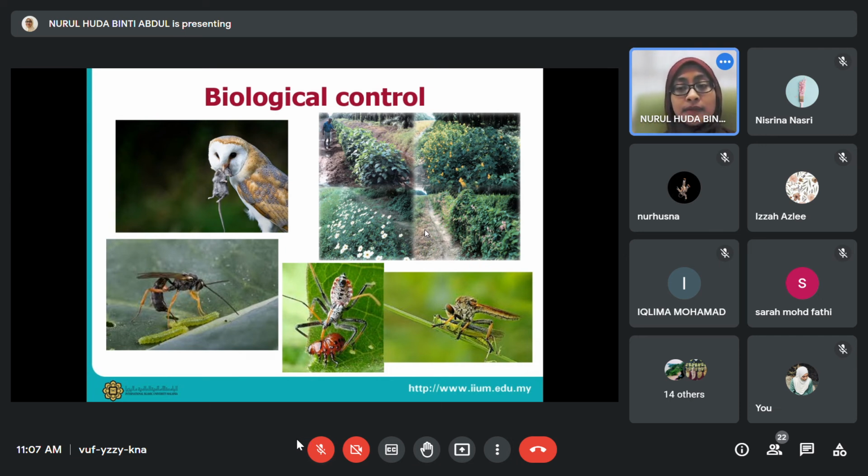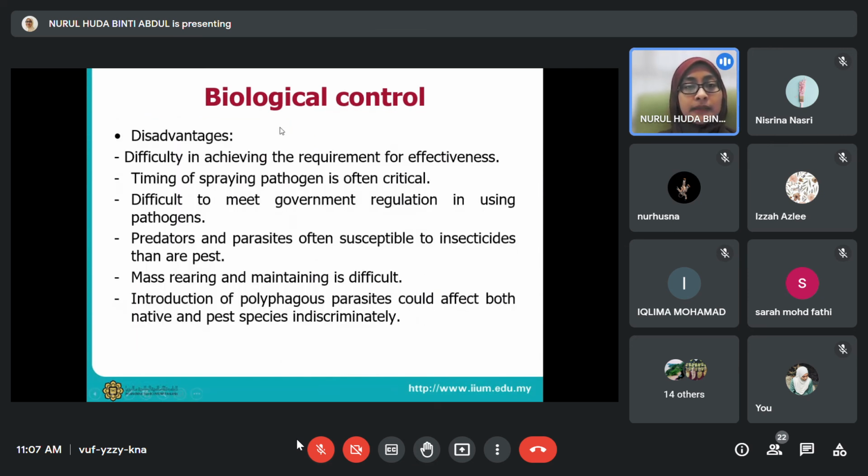Okay, so they attract beneficial insects to come to the area. And indirectly, once the beneficial insects are numerous in the attracted area, they can control the population of pests. Okay. But biological control also has its own disadvantage, which is that it's difficult to achieve effectiveness.